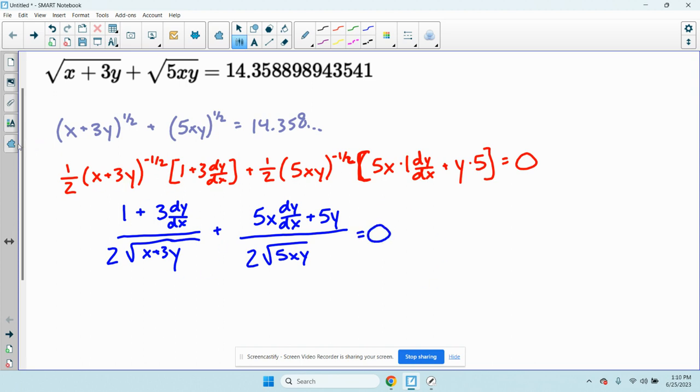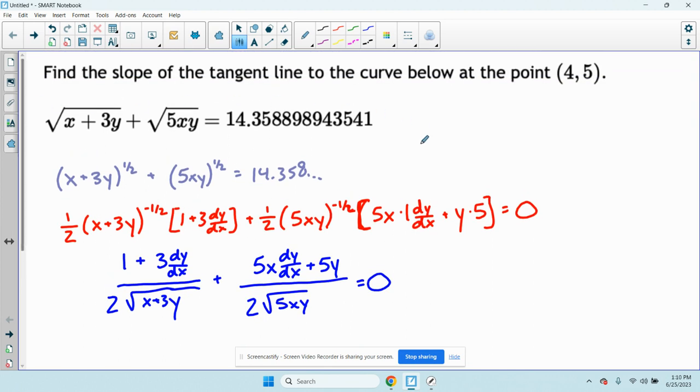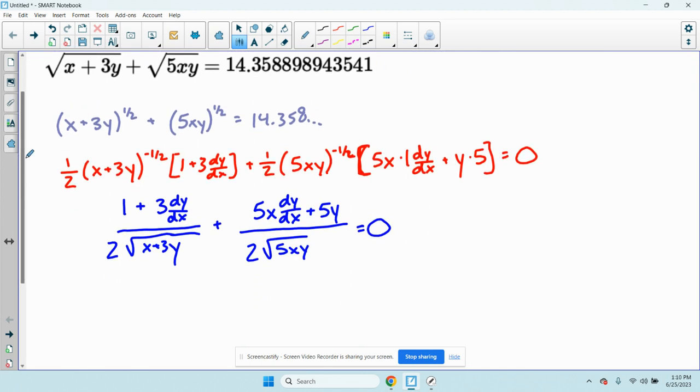From there, you're just going to substitute the values they gave you, which is (4, 5), and things will become much nicer.